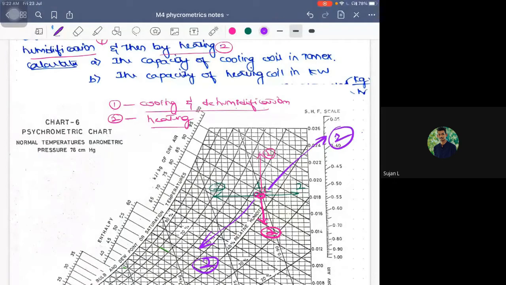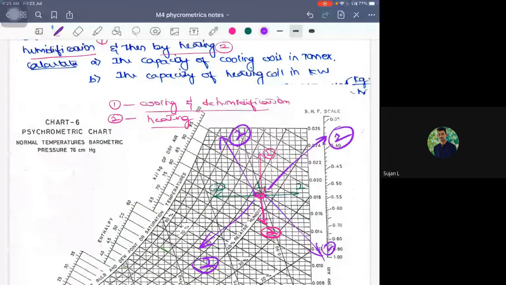Sensible cooling and dehumidification. Now, one of the processes is going like this, vertically upwards, inclined to the left: sensible cooling and humidification. And the last one, some of the processes going like this, downward, inclined to the right: sensible heating and dehumidification. Excellent.